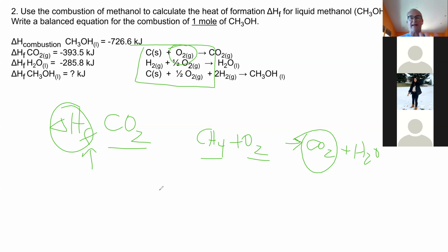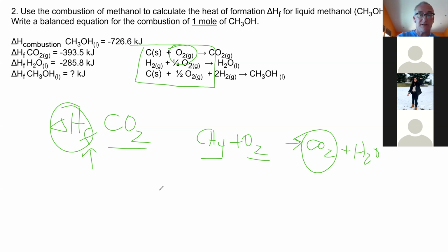So all that means is that if we want the heat of formation of anything, we need to put down each constituent atom in its most stable state, those things reacting together and making 1 mole of whatever it is we're talking about.